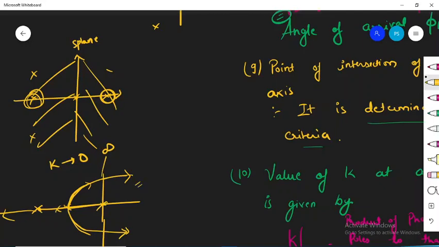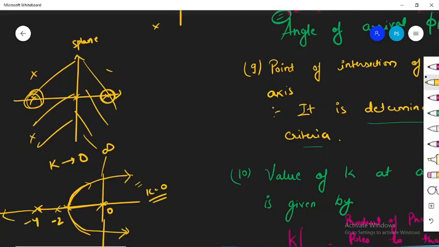So we had discussed an example like this. At k equal to 0, the roots were located like one root at 0, one at -2, another at -4.